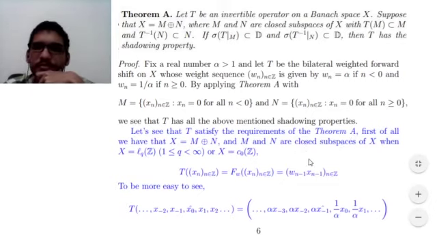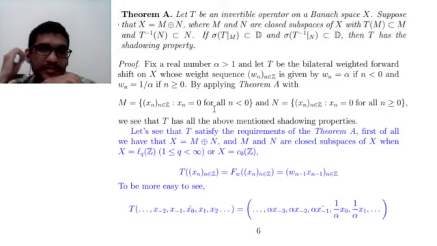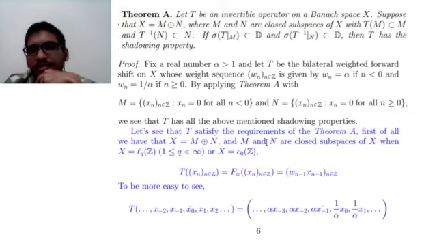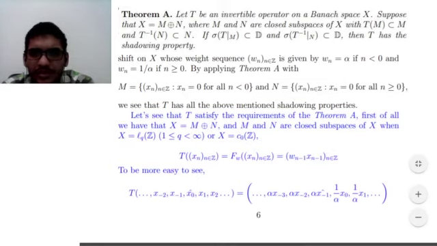It's easy to see: if you take a sequence in M and a limit that is going to a limit in X, you will have that the limit must be in M. Okay, so you have this when X equal to this.